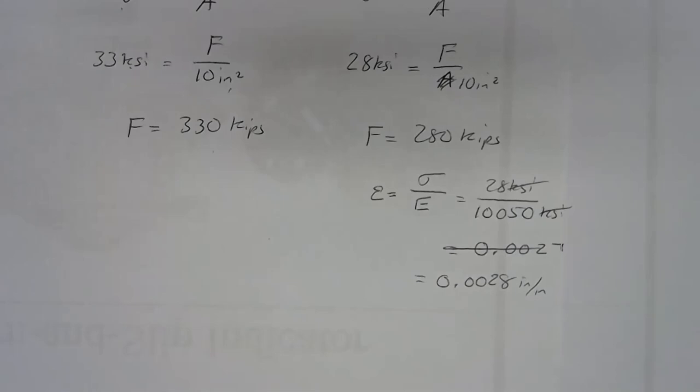So each inch will grow by about 3 thousandths. So if this thing's 100 inches long, we're going to see about a 1/4 inch of growth. A little bit more. That's not bad for 280,000 pounds.